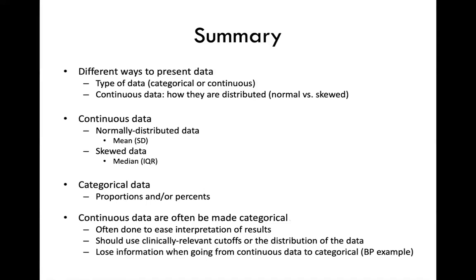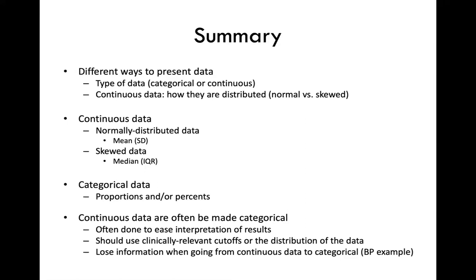So just to summarize types of data and ways we describe data, remember that there are different ways to present data, and that there are different types of data: categorical or discrete, and continuous. And it's important to recognize, among continuous data, how they are distributed. Are they normally distributed?